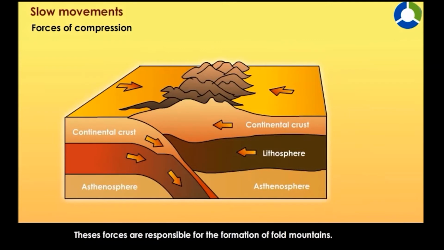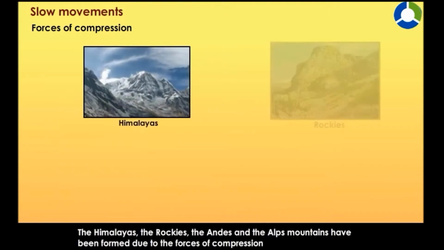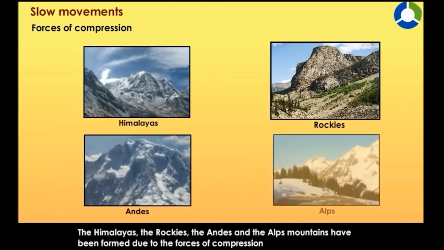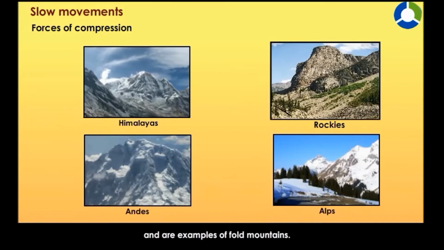These forces are responsible for the formation of fold mountains. The Himalayas, the Rockies, the Andes and the Alps have been formed due to the forces of compression and are examples of fold mountains.